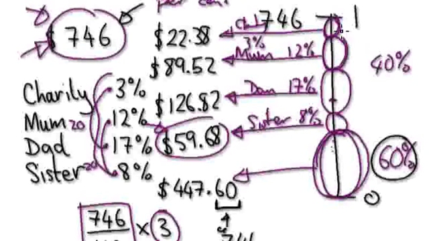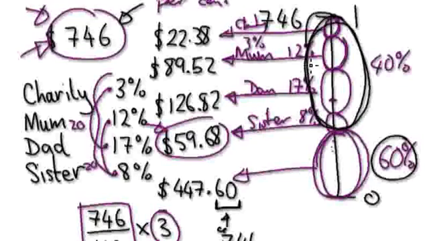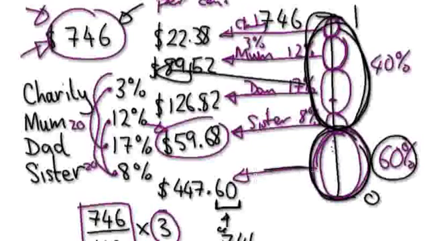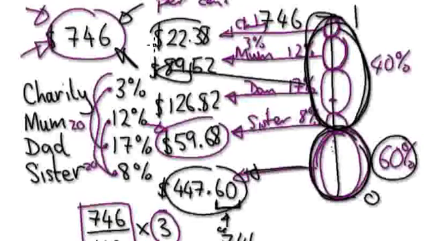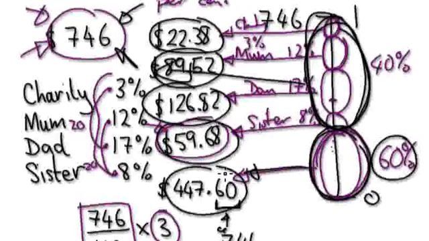Altogether you've given 40 pieces away to other people, and then you've got 60 pieces left for you, and 60% of the original is this. Now if you add up all these together on a calculator, it should come up to your original amount.